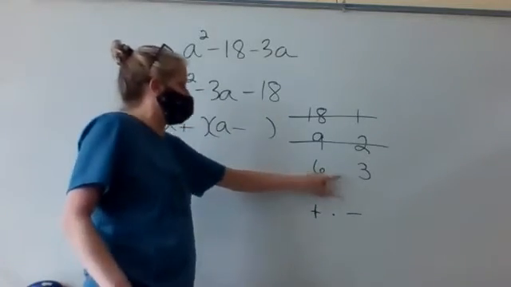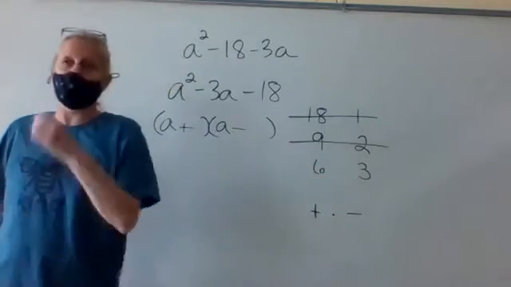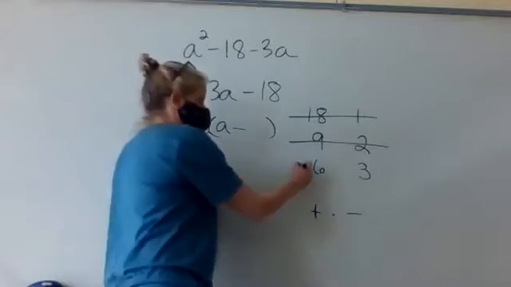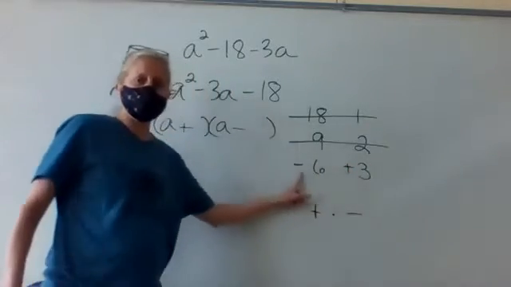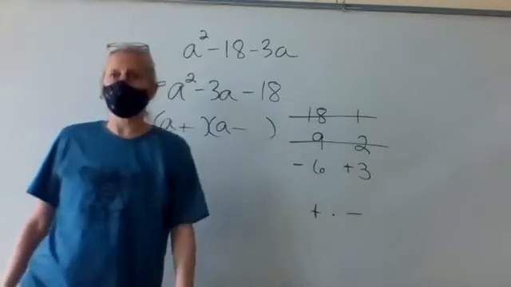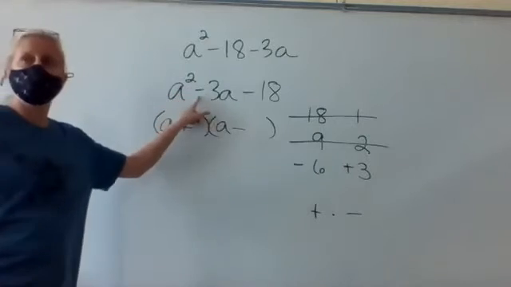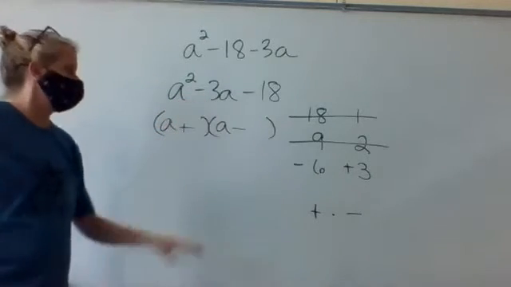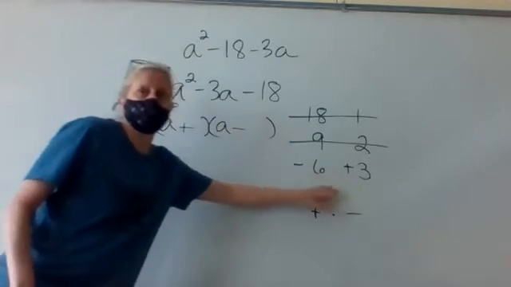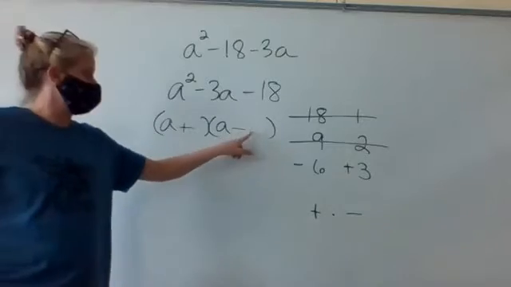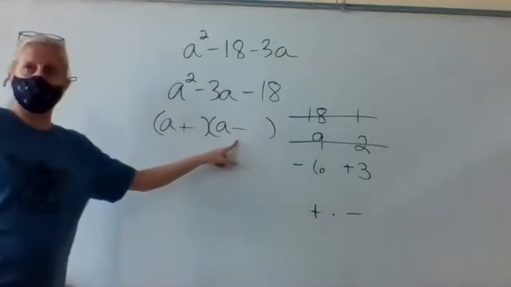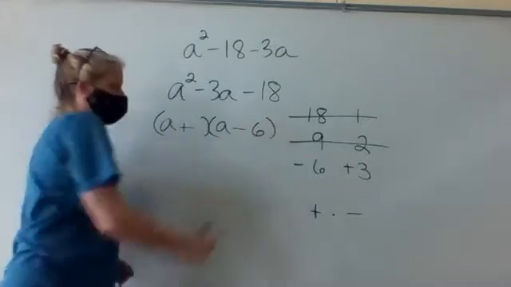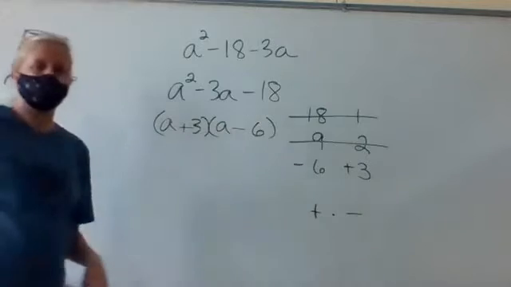Which one of these numbers needs to be the negative? The 6 does, right? Because negative 6 plus 3 gives you the negative 3 that you need. So now that you know what numbers go with which signs, just make sure that's the sign you put it with over here. So the 6 needs to come with the negative and the 3 needs to go with the positive.